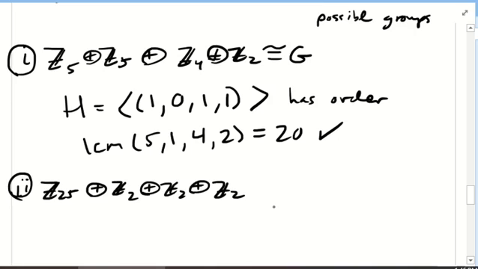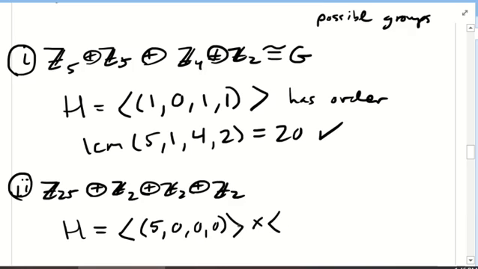All right, and so let's take H as the subgroup determined by taking an element of order 5, okay, and doing the internal direct product of that with an element of order 2, and another element of order 2.